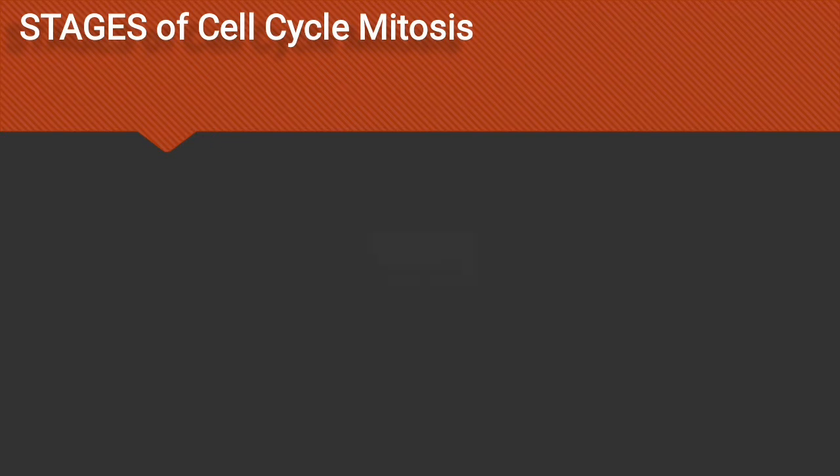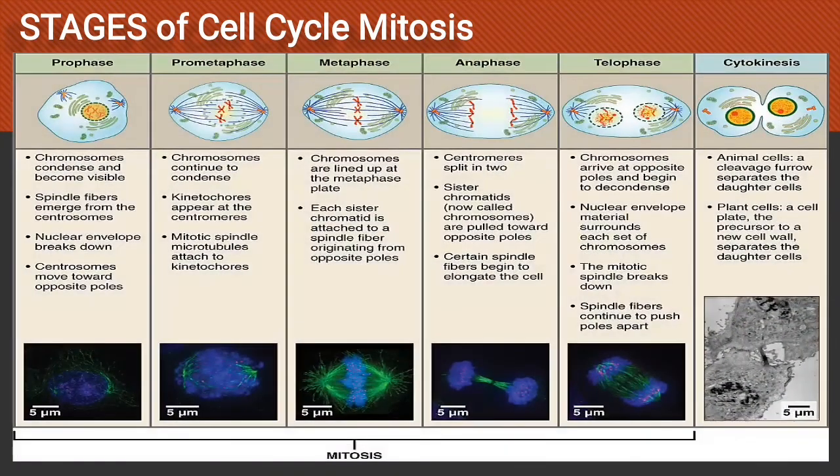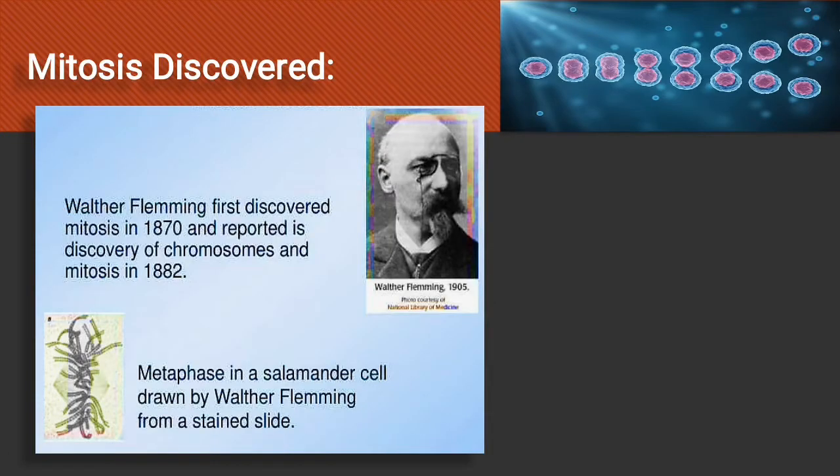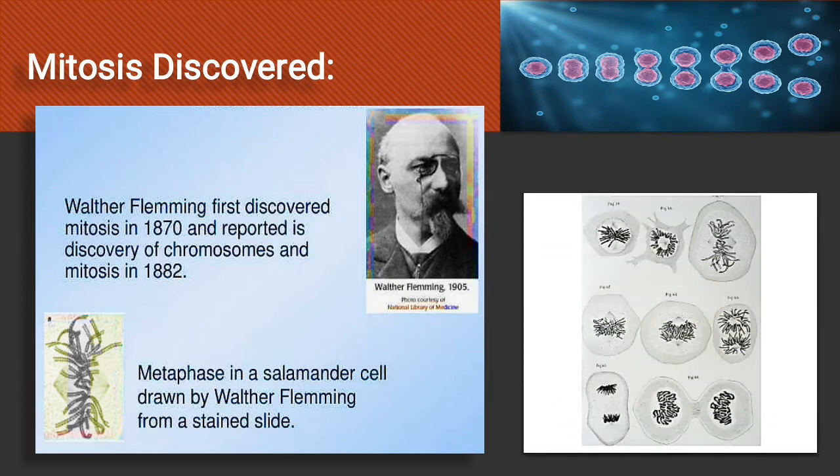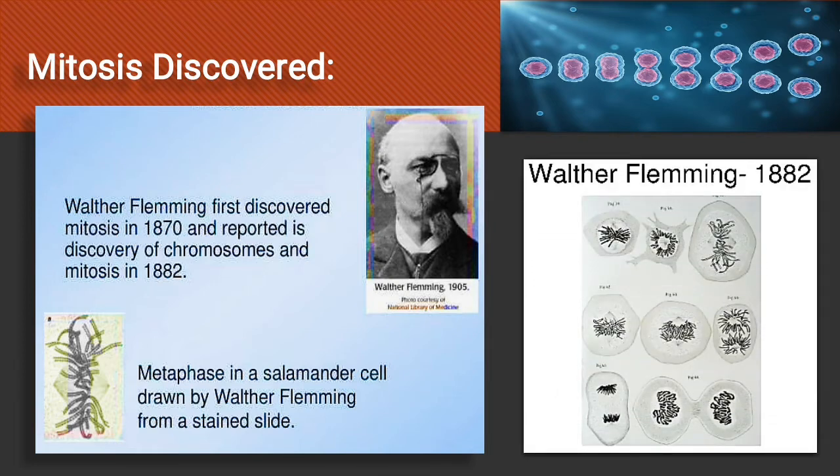And this is the summary of the stages of the cell cycle, mitosis. Mitosis constitutes a comparatively small portion of a complete cell cycle, but it is one of the imperative parts of the cell cycle. German physician and cell biologist Walther Flemming coined the term mitosis in the year 1882.